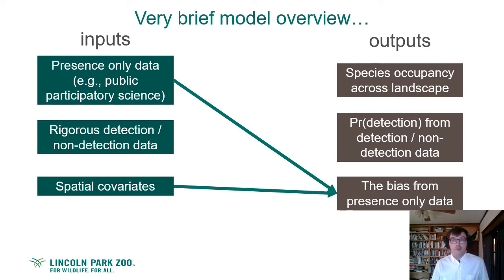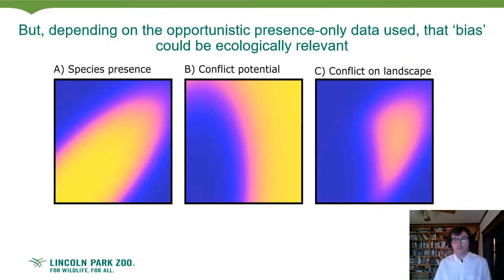And finally, there is one last level to the model that helps identify the spatial bias that exists within the presence-only data. But depending upon the type of opportunistic presence-only data that you use, that bias could actually be ecologically relevant. Say, for example, we input known locations of human-wildlife conflict.